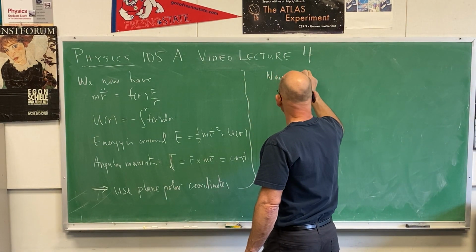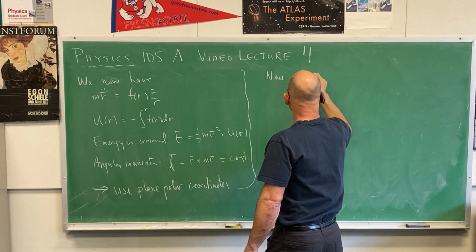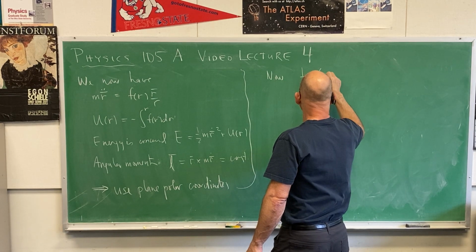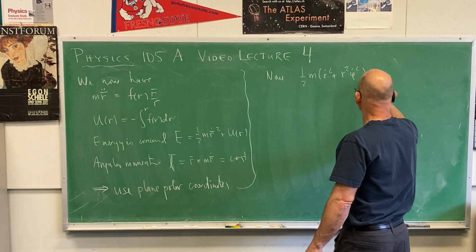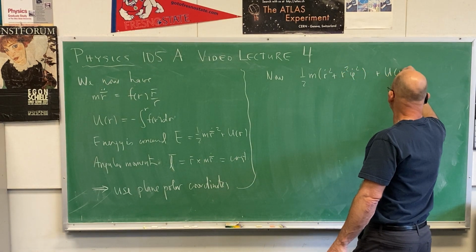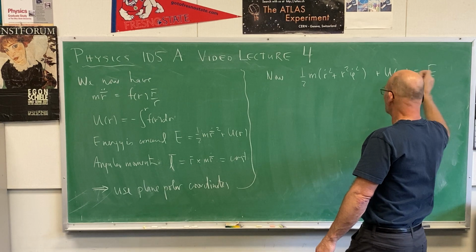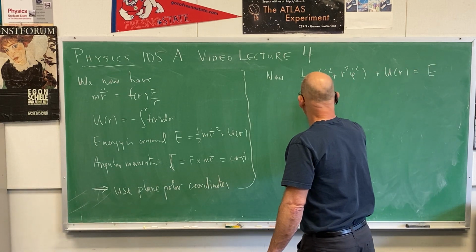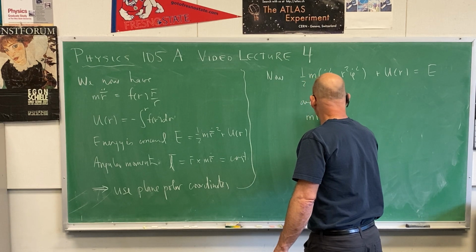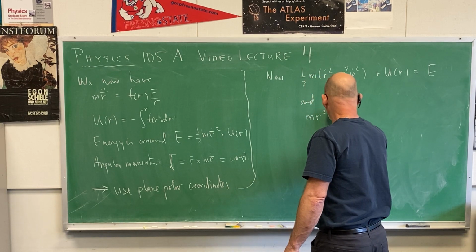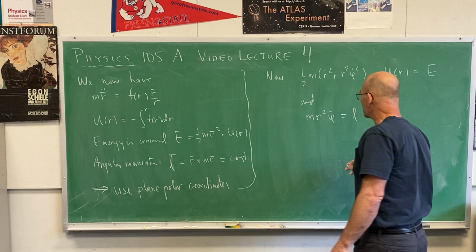Now, we have 1/2 m (r dot squared plus r squared phi dot squared) plus U of r is equal to E, and m r squared phi dot is equal to L.